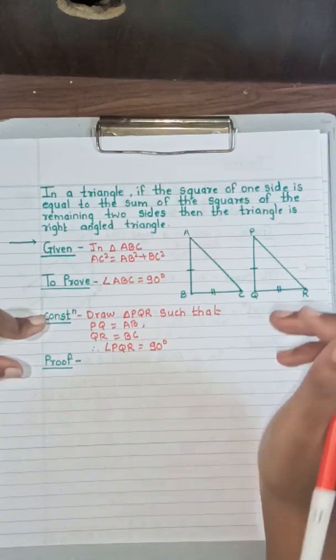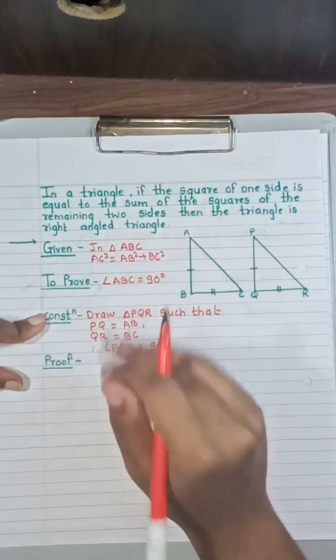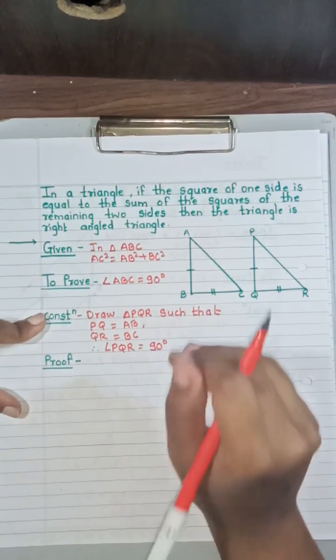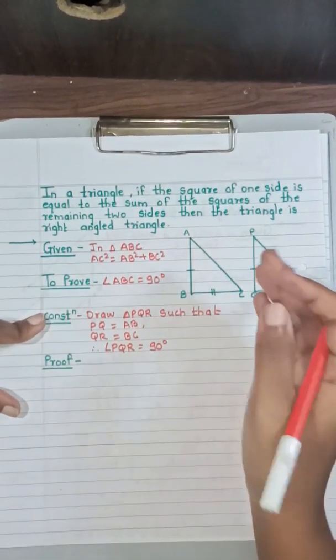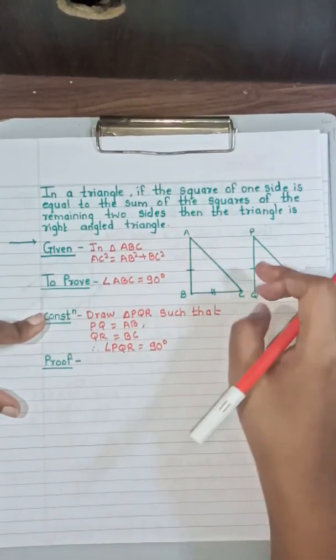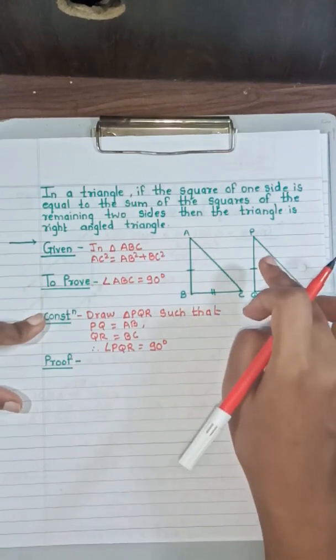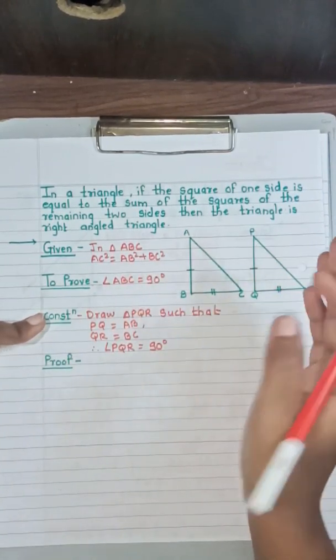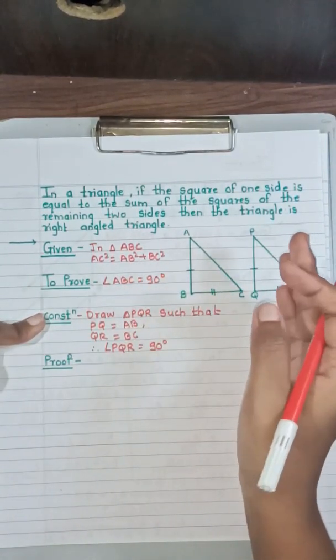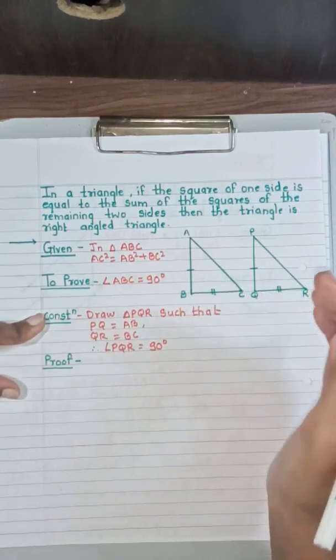Now here two sides of both the triangles are equal, and we have constructed this triangle in such a way that we can then prove that the triangles are congruent.